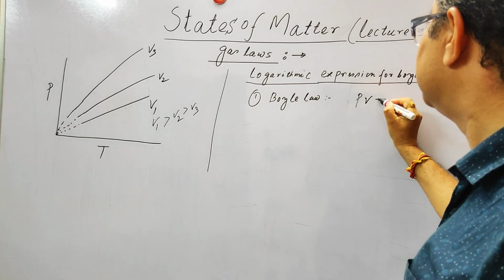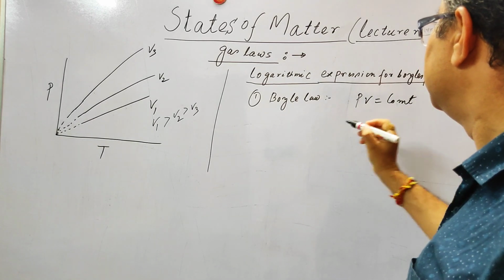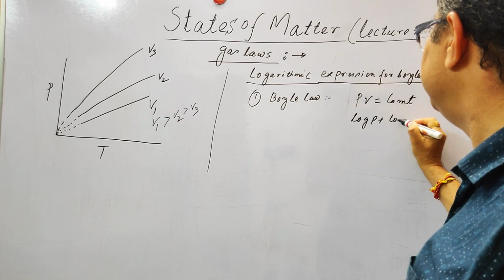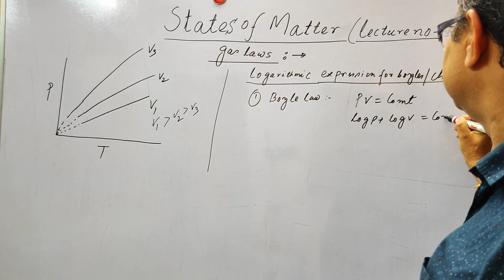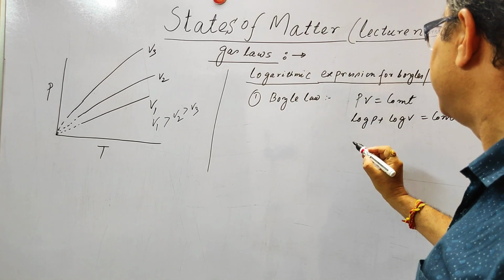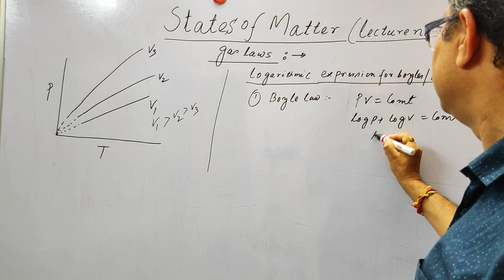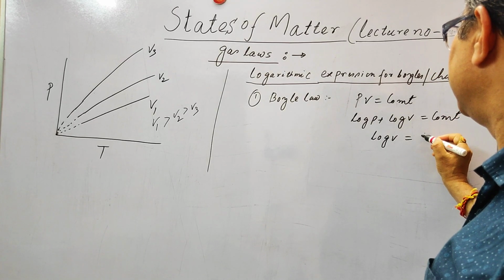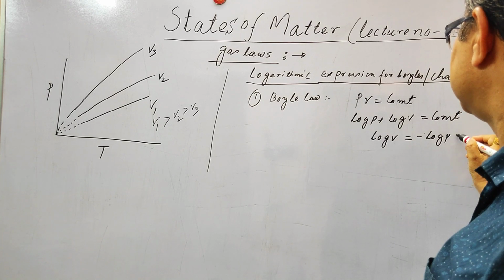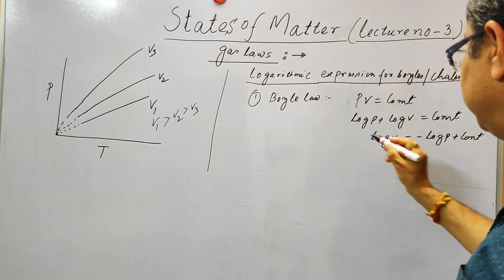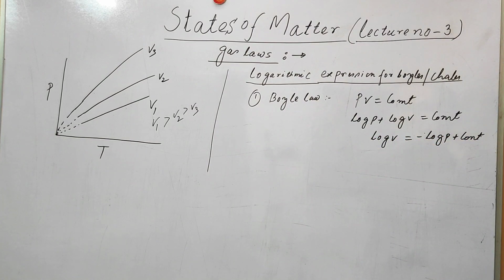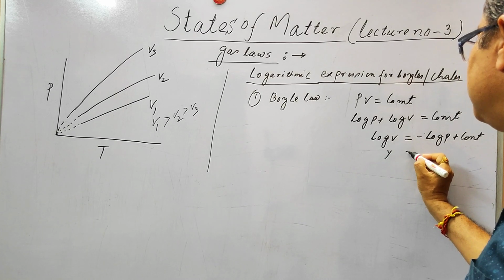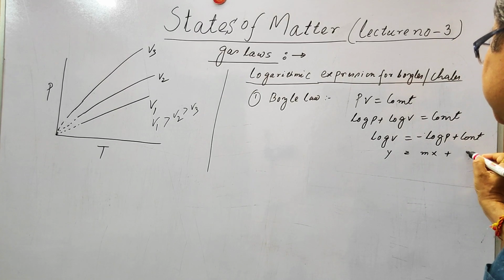Boyle's law, we know PV is equal to constant. If we take the log, it is log P plus log V equal to constant. Now we can write log V is equal to minus log P plus constant, and you can see this is the equation of a straight line, y equals mx plus c.